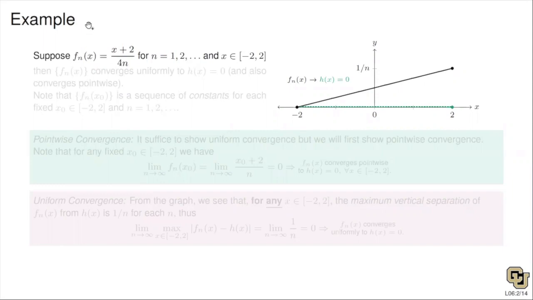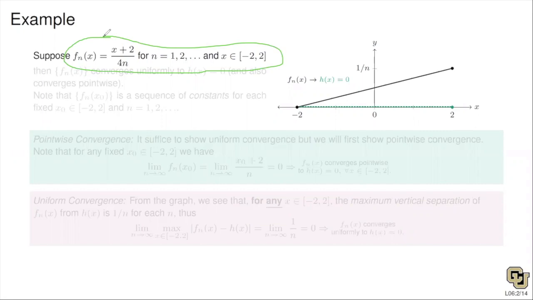Okay, so let's go slow. For each n, we have a function. For example, if n is 1, I have x plus 2 over 4, which is a function you can graph. If n is 2, f sub 2 equals x plus 2 over 8, and so on and so forth.